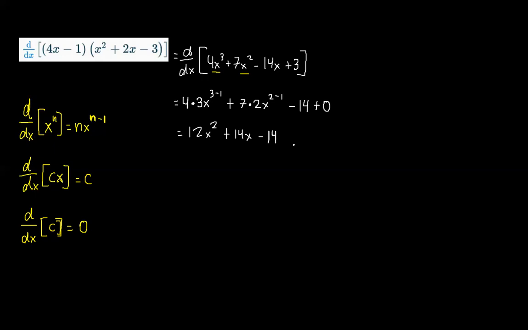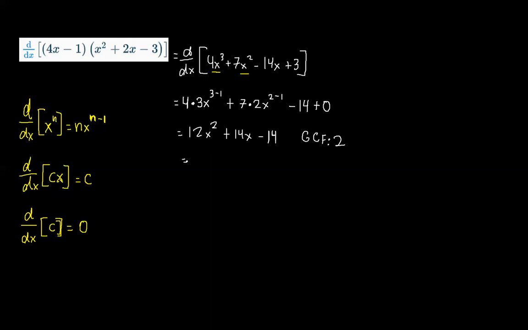However, if you want to simplify things, that's okay. As you can see, there is a GCF of these terms: 12x squared, 14x, and negative 14 are all divisible by 2.